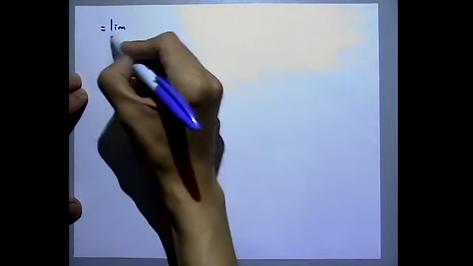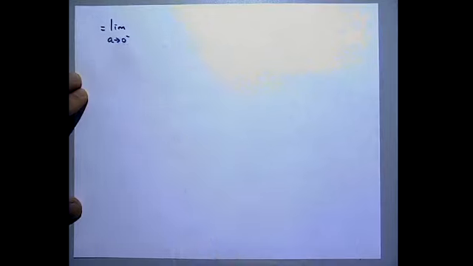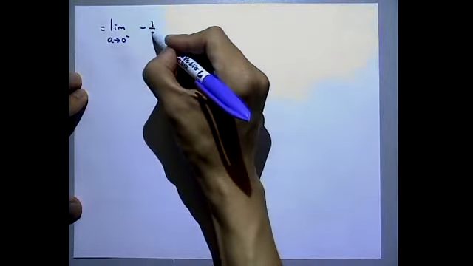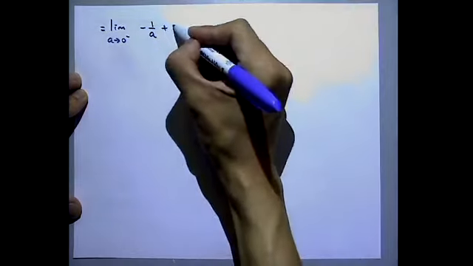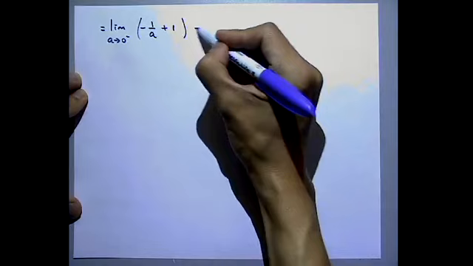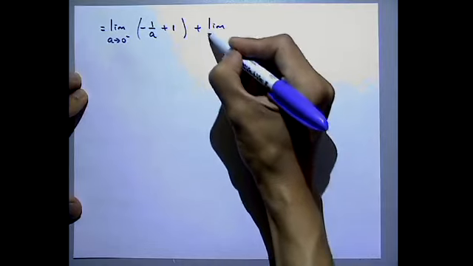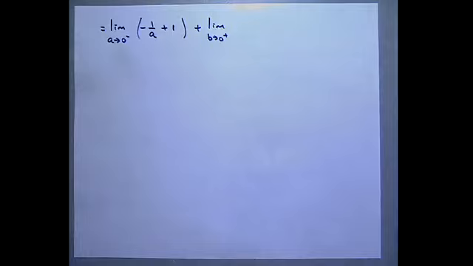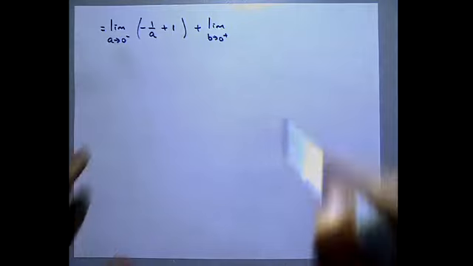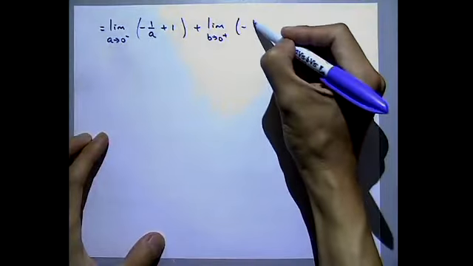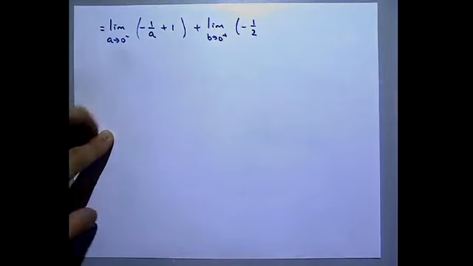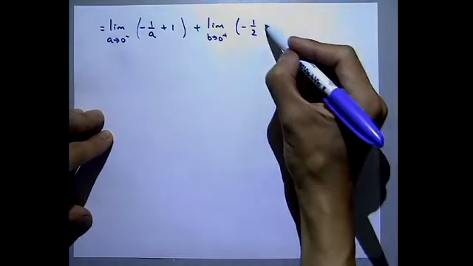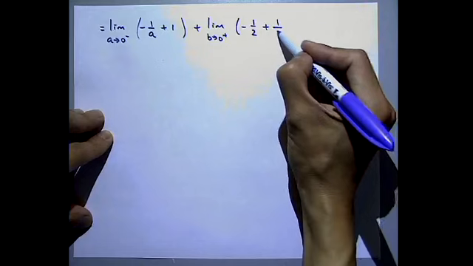Limit a to 0 from the left side, negative 1 over a plus 1, and then limit b to 0 from the right side, negative 1 over 2 plus 1 over b.